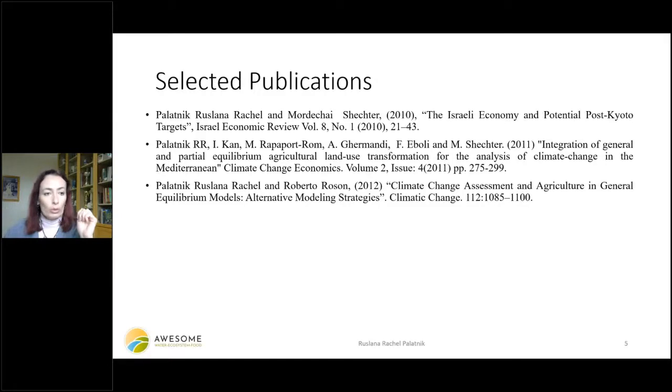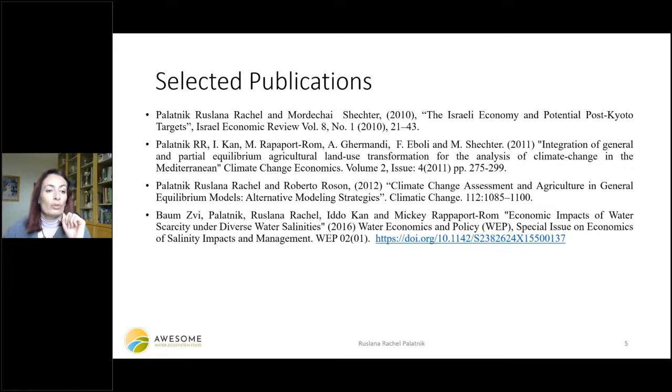Together with Roberto Rosson, we published a paper on the more technical part of the integration between top-down and bottom-up models that I will discuss later on in this lecture.